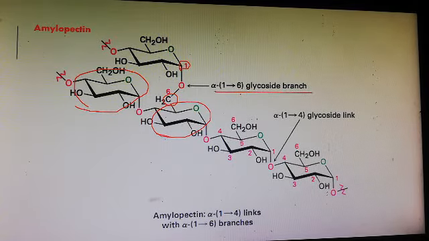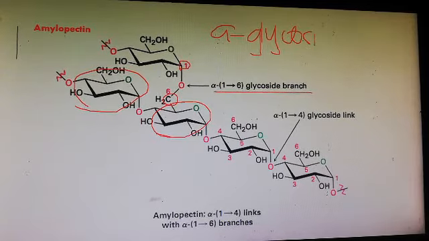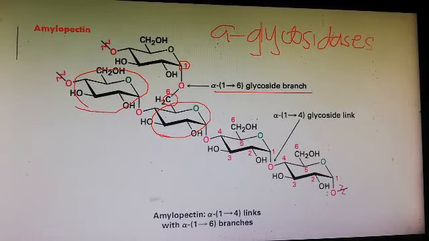So, our starch is digested in the mouth and stomach by alpha glycosidases. There. That's the enzyme, right? In our mouth too. So the starch is digested by the alpha glycosidases in the mouth and stomach.